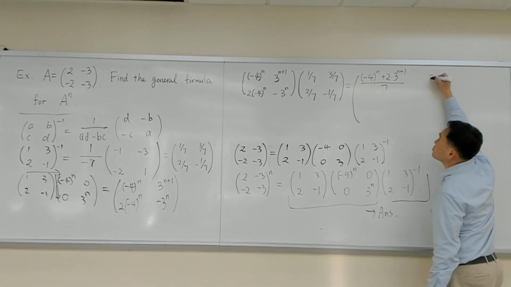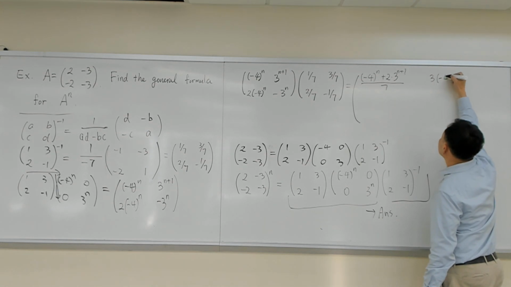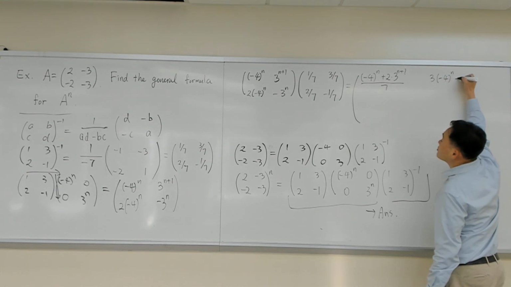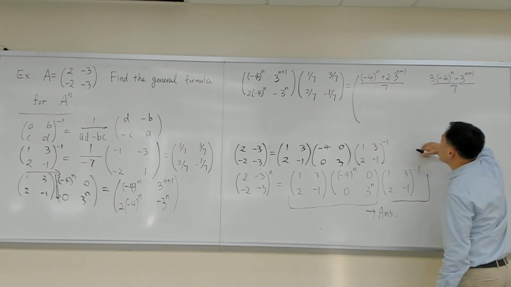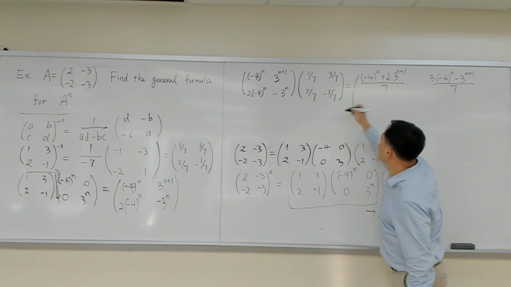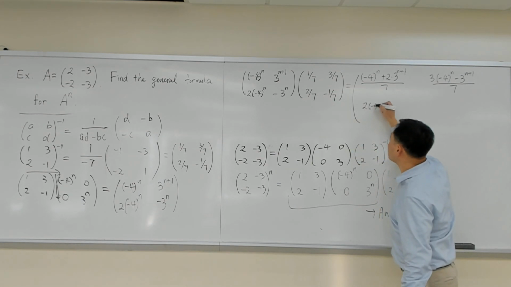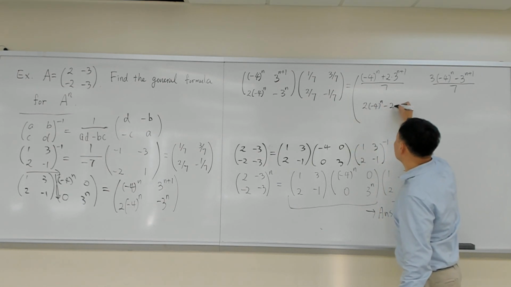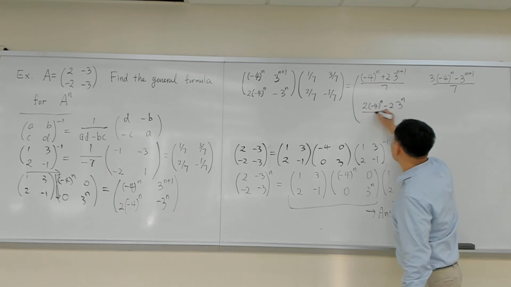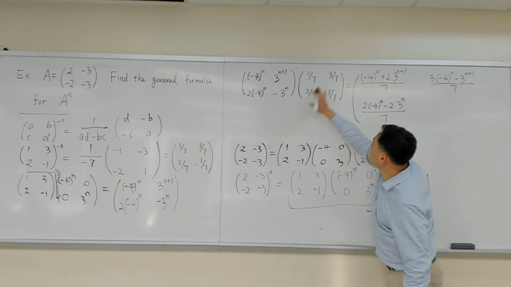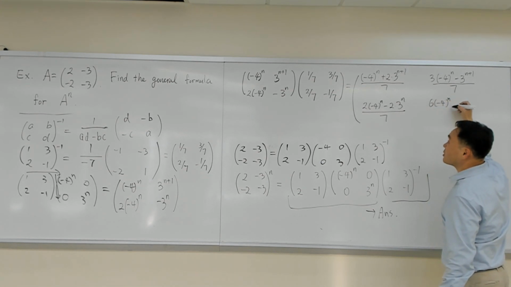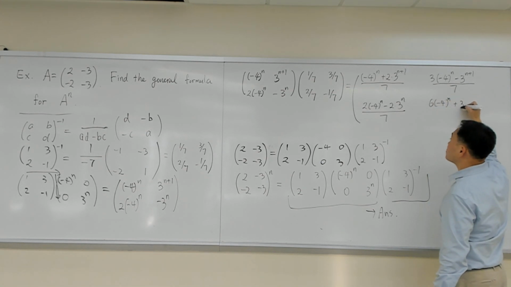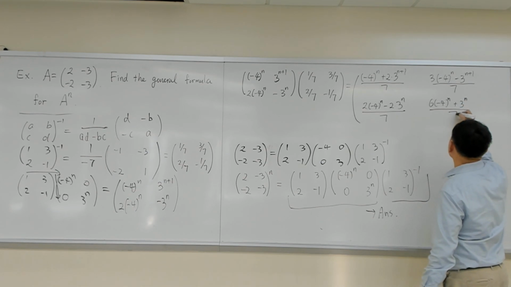That's 3 times negative 4 to the nth power minus 3 to the n plus 1 over 7. Then this times this is 2 times negative 4 to the nth power minus 2 times 3 to the nth power over 7. Then this times this gives you 6 times negative 4 to the nth power plus 3 to the nth power over 7.